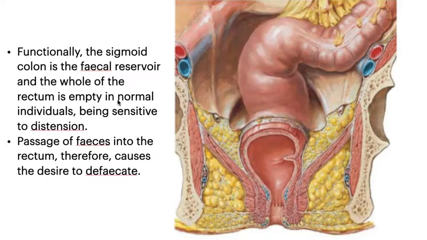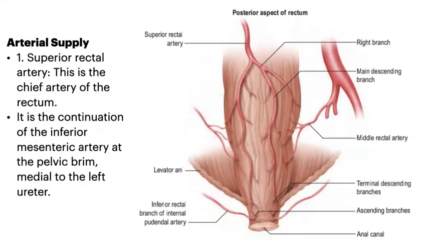Functionally, the sigmoid colon is a fecal reservoir and the rectum is empty in normal individuals, being sensitive to distension. The passage of feces into the rectum will cause the desire to defecate.